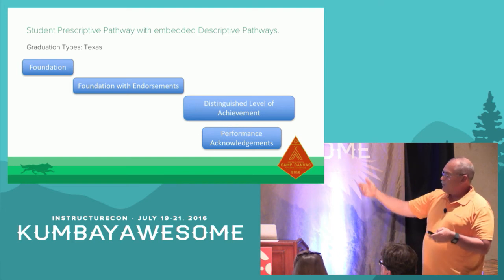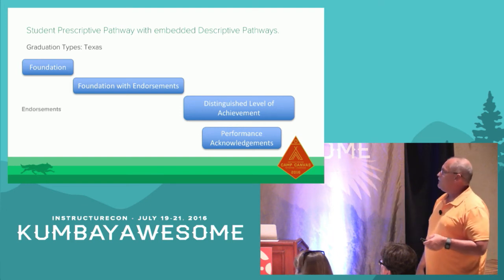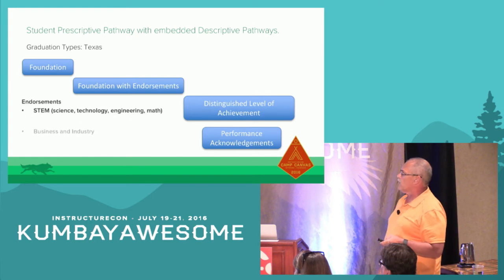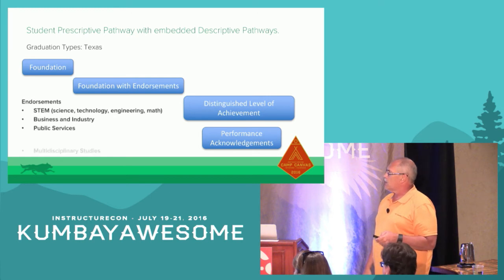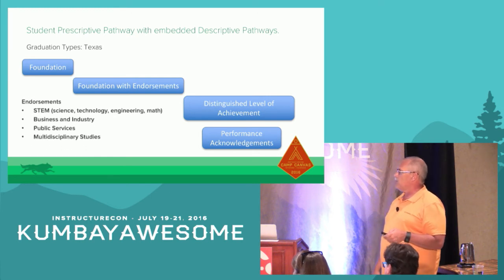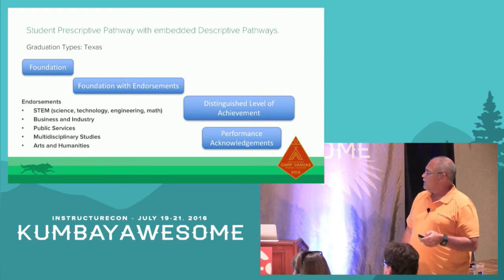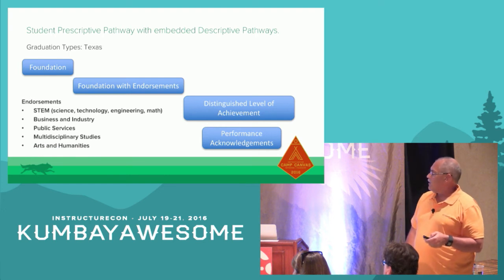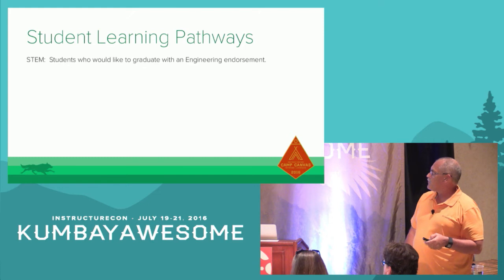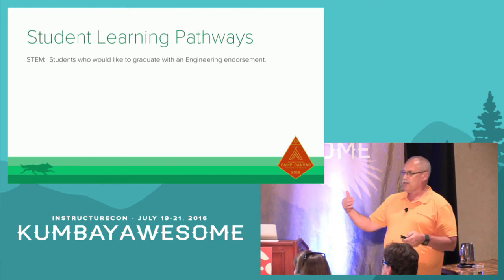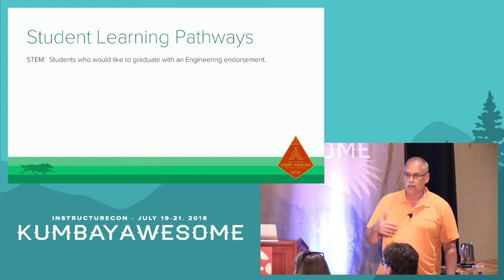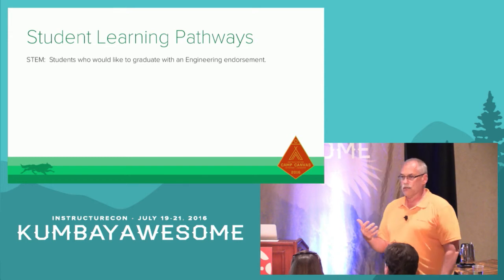What we're going to do is drill down into the endorsements. There's a number of endorsements: STEM, business and industry, public service, multidisciplinary, arts and humanities. So say a student wants to graduate with an endorsement in engineering.